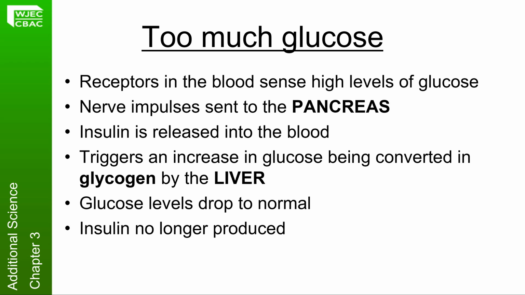That will be detected by the receptors and insulin then will no longer be produced. So obviously this would happen after you've had a meal. Once you've digested your food, the glucose goes into the bloodstream, that's picked up by the receptors, and your body will release insulin to bring those glucose levels back to normal.